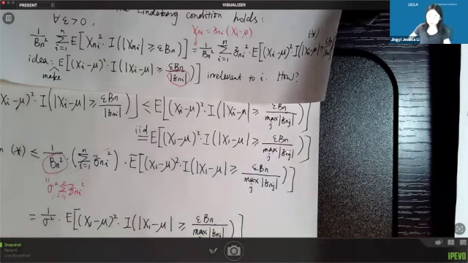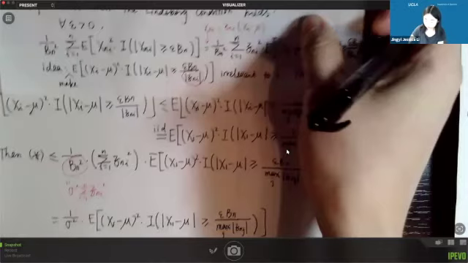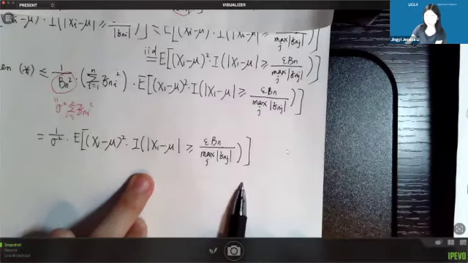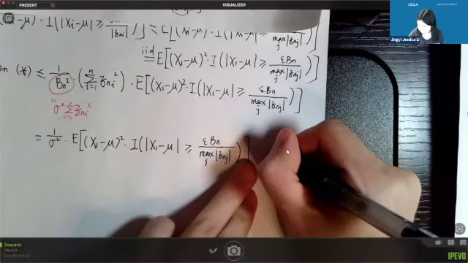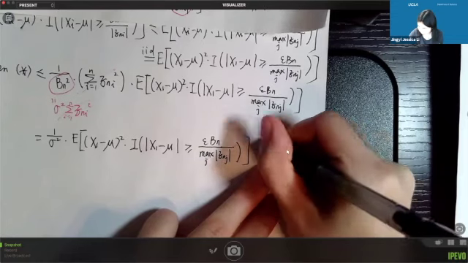And what I want is to show this part is converging to 0 as n goes to infinity.